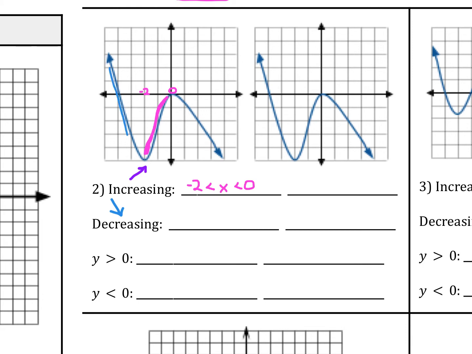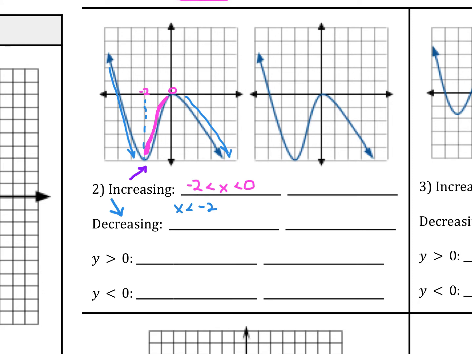So now let's look at where the function is decreasing. And so there's two spots where that is happening. It's going down on that left side and going down on this right side. So just using, again, our set notation, we're going to look at the x values. So where it's decreasing is when it's left or less than -2. So it's decreasing when x is less than -2, right?